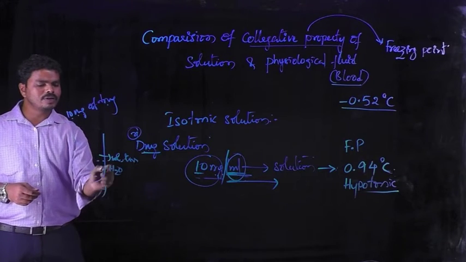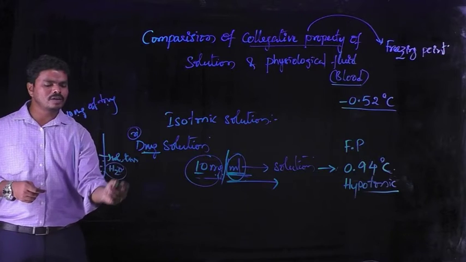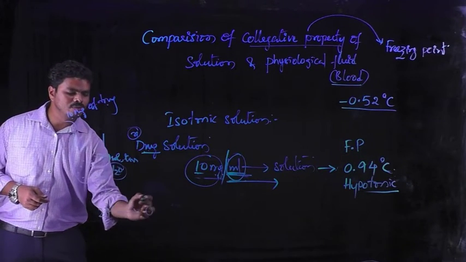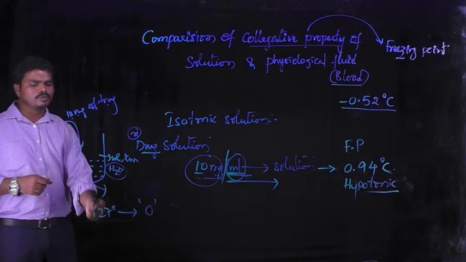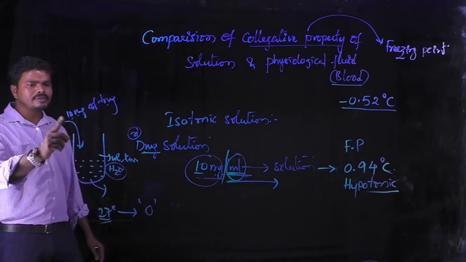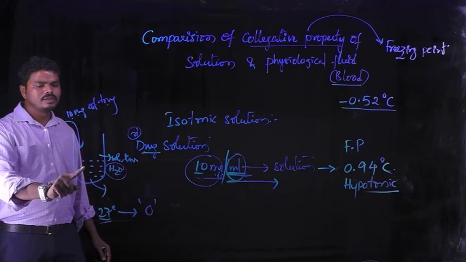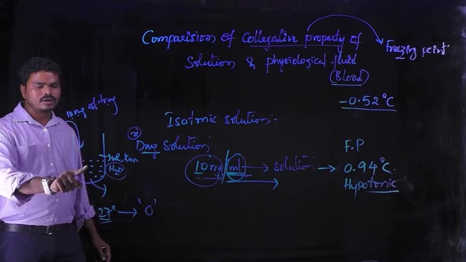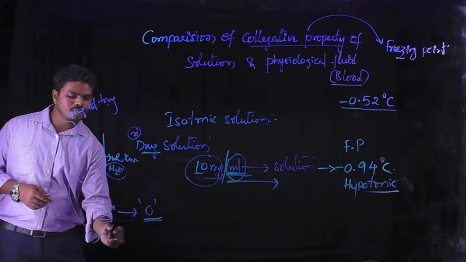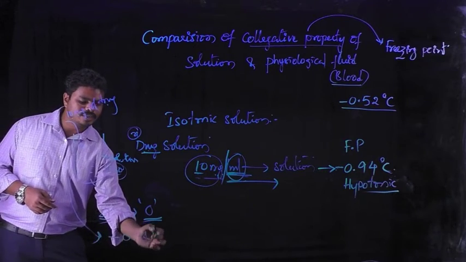The freezing point of the water is decreased. Generally the freezing point of water at room temperature is 0. When you add 10 mg of solute into the pure distilled water, the freezing point of this solution becomes minus 0.94 degrees centigrade.